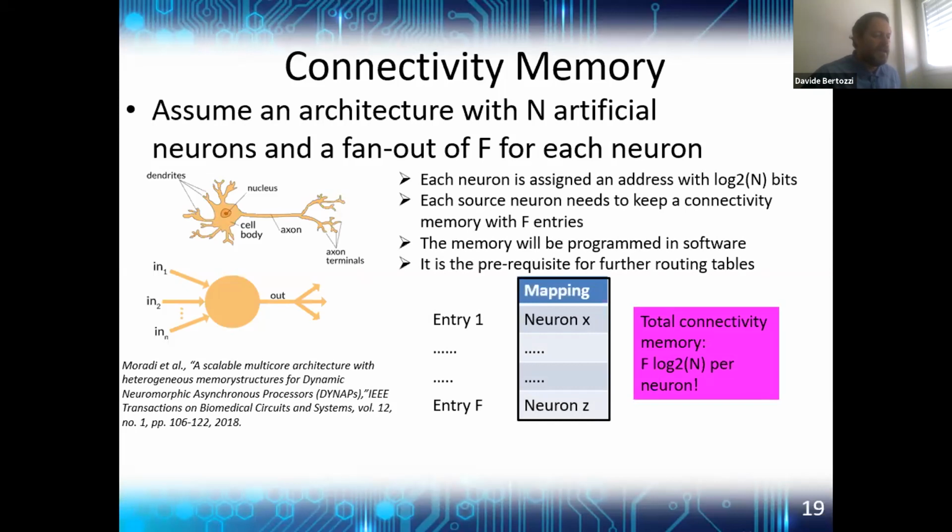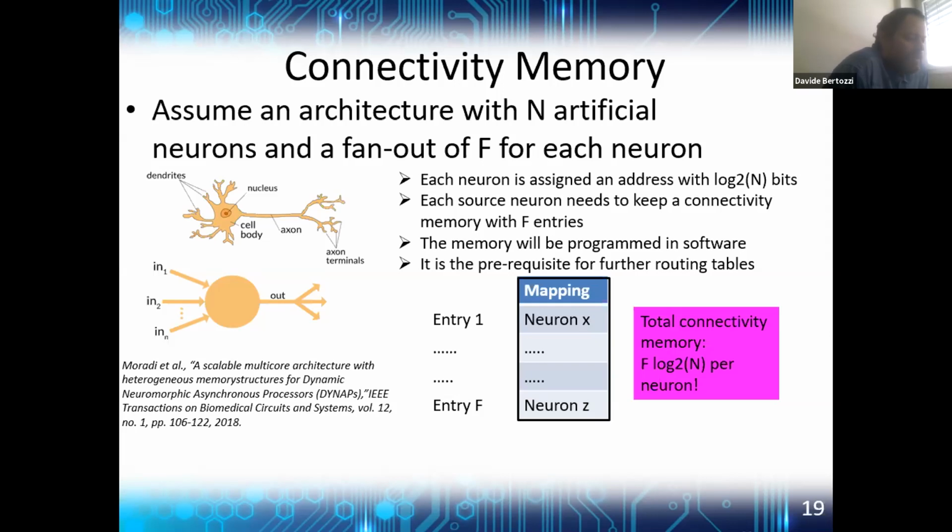So in the standard address event representation, each neuron would be assigned a unique address encoded with, in this case, the base 2 logarithm of n. N is the number of neurons, so to encode the address of each neuron, you need the base 2 logarithm of n. These are bits, these are memory resources.